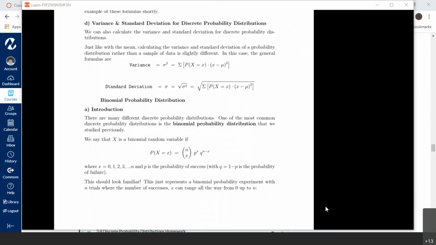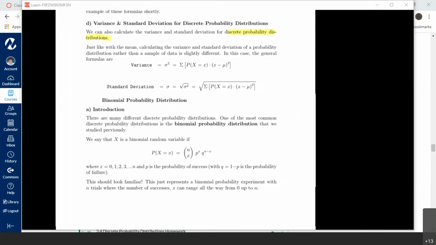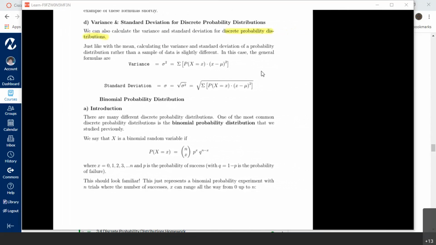You've got a variance here, represented by sigma squared. And remember, this is for a discrete probability distribution, not a sample. So you're going to add up the probability of each event times the square of its deviation from the mean.